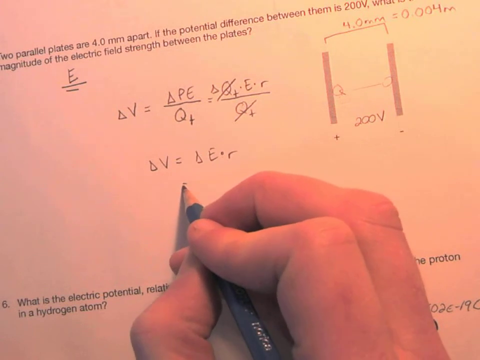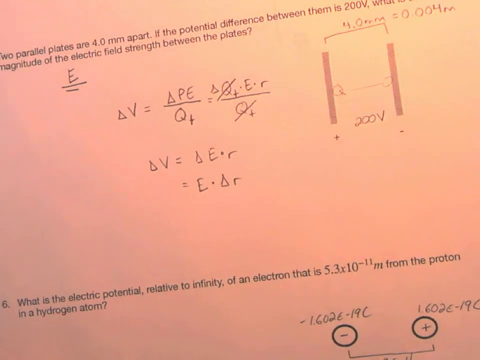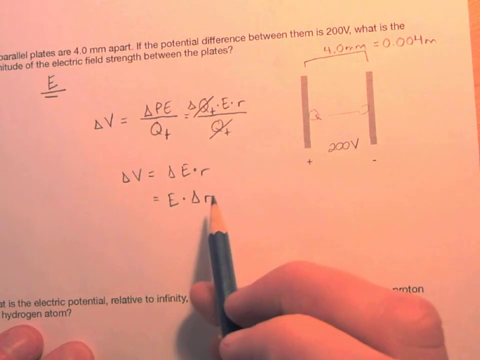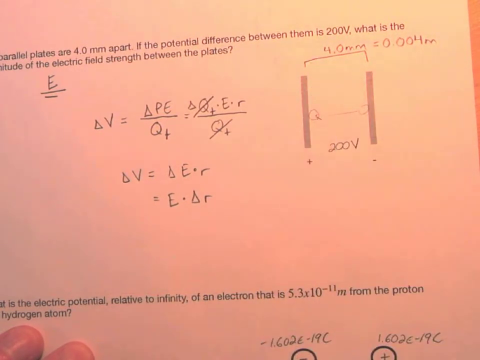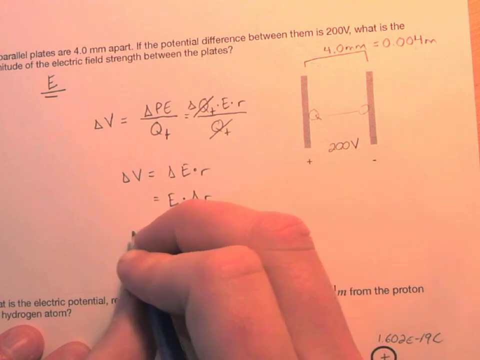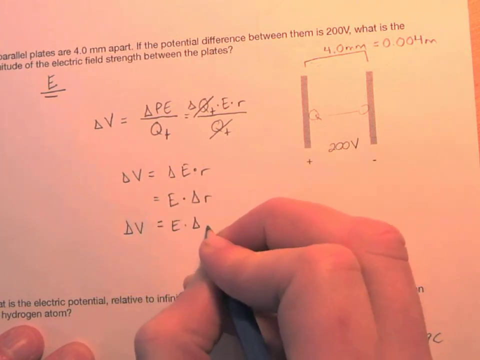The change in R is just the difference between the two plates, which is 0.004 meters.